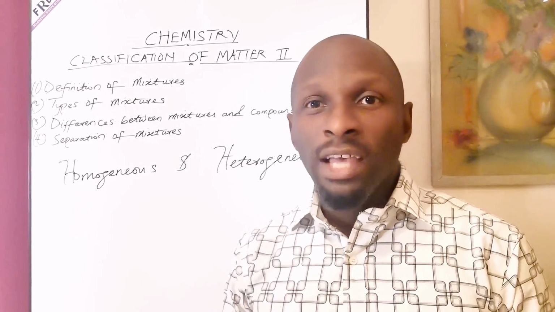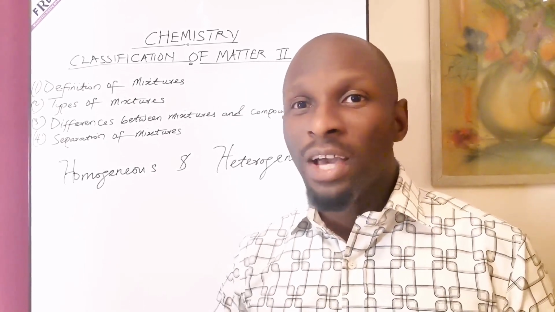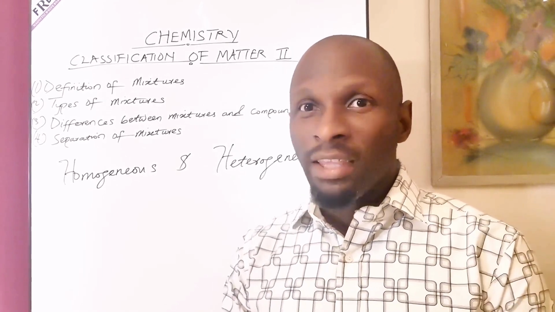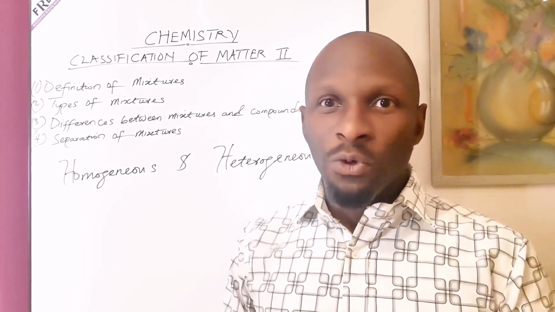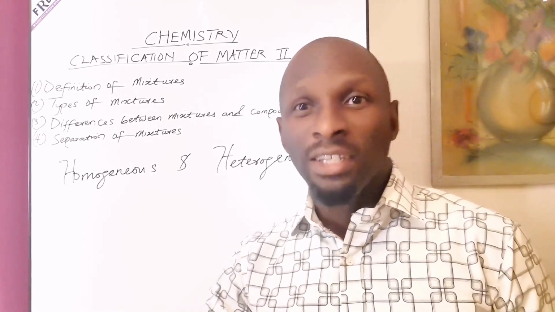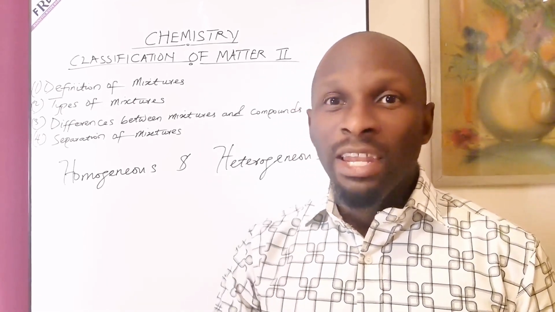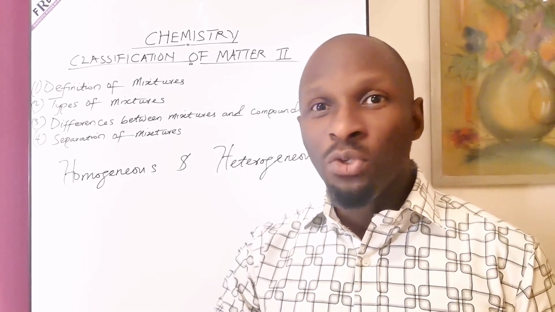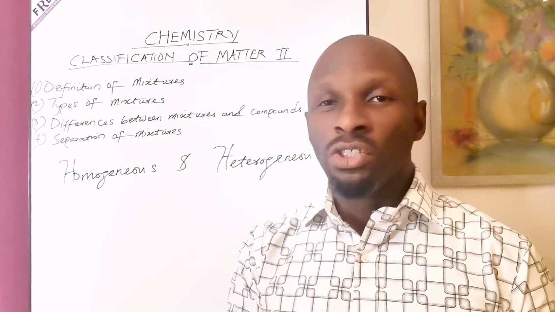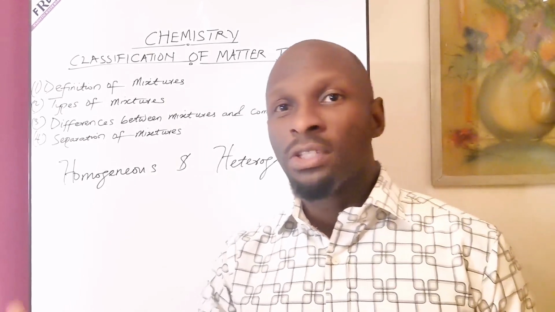Your Coca-Cola is a homogeneous mixture because you cannot identify the substances that were brought together to make that cola, okay? So you cannot identify the sugar in that cola, but you know that there's sugar in the cola, okay? You cannot identify the carbon in that cola, but you know that there's carbon in it. So that is the difference between homogeneous mixtures and heterogeneous mixtures.